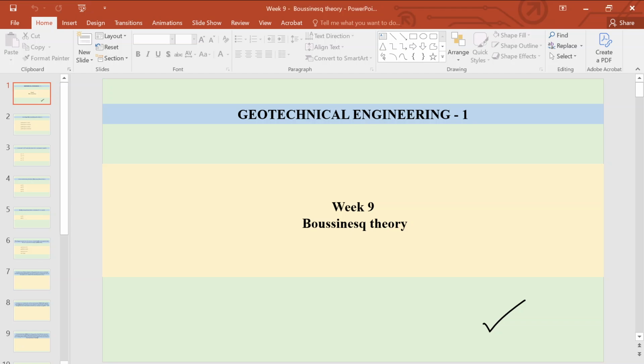The part except the Boussinesq theory will be discussed in tomorrow's session from 6 to 8, and today it is specifically the stress distribution due to Boussinesq theory. This live discussion session has some MCQs and numericals.